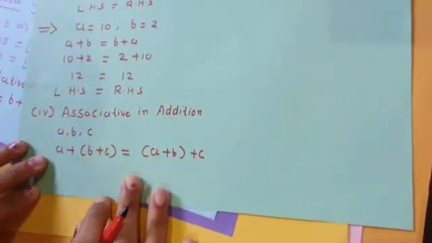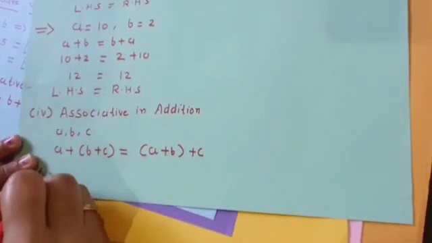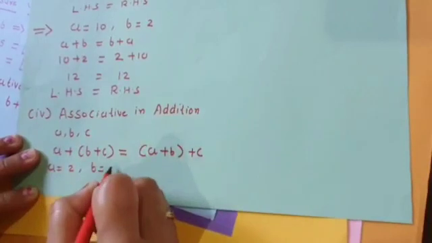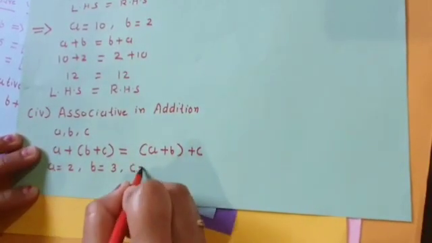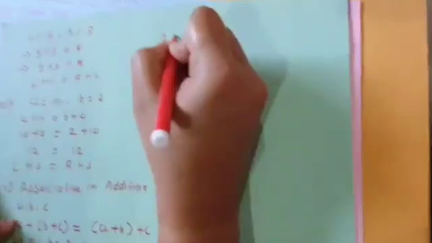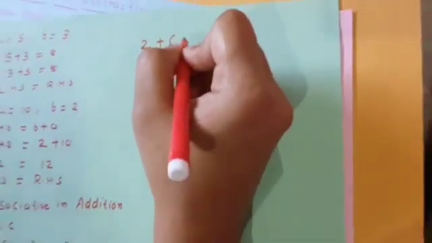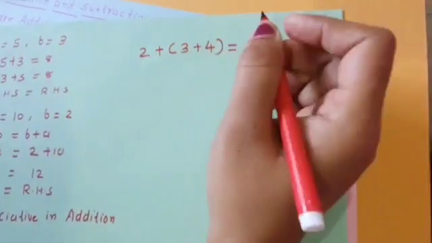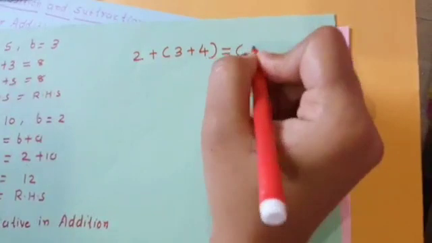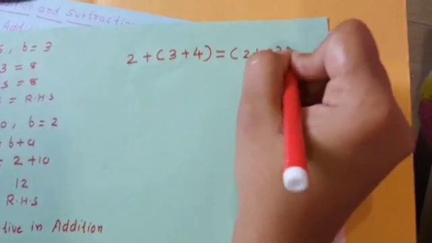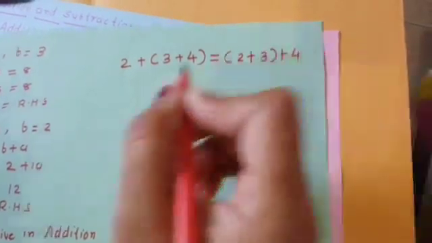So let us understand it with an example. If A is equal to 2, B is equal to 3 and C is equal to 4, then let's put the values in this statement. On the left side, 2 plus (3 plus 4), and the right side is (2 plus 3) plus 4.